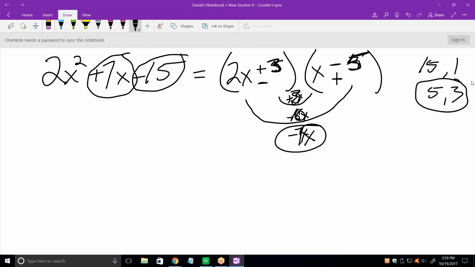That tells me all I have to do is move those numbers down. That's going to be the right answer. Okay. And I can prove it because that times that is minus 3x. That times that is plus 10x. Add them together, I get plus 7x. And that's how you do this kind of factoring.